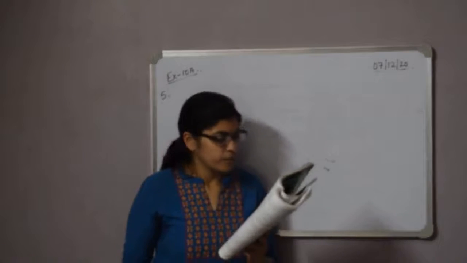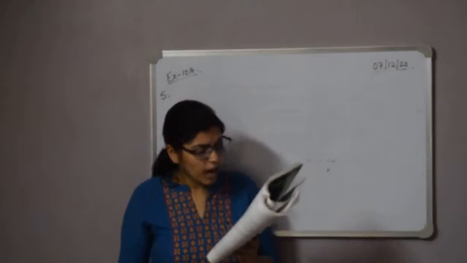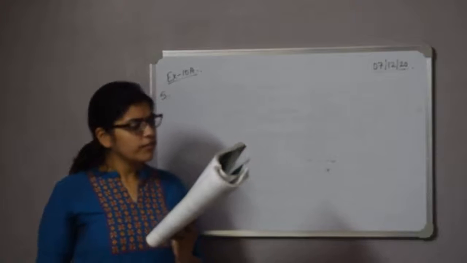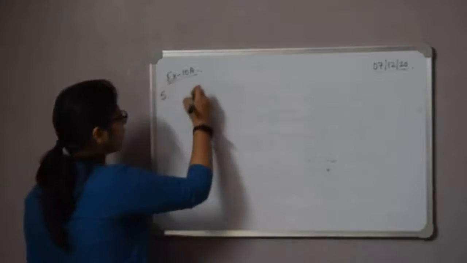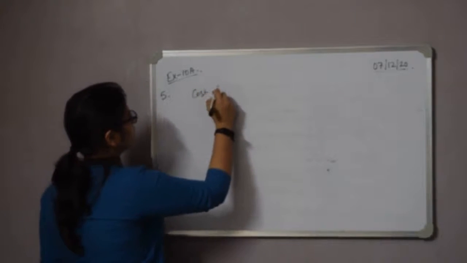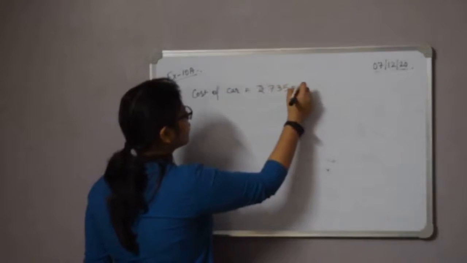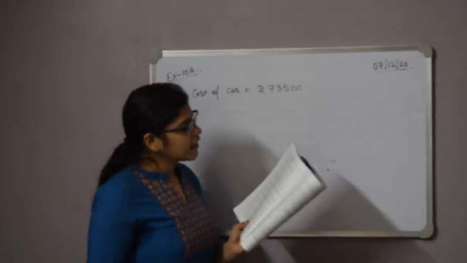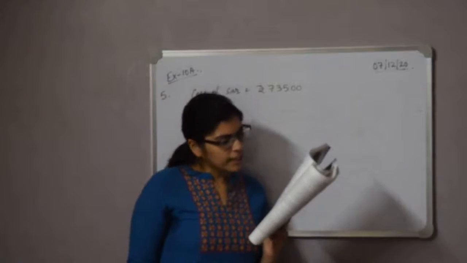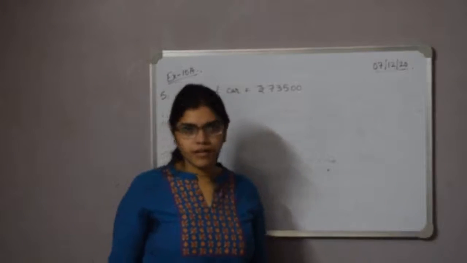It says that Robin purchased an old car for 73500. So cost of car is rupees 73500. Then it says he spent rupees 10,300 on repairs.